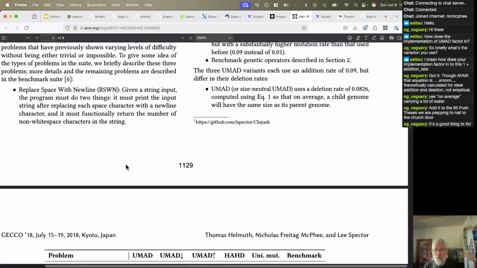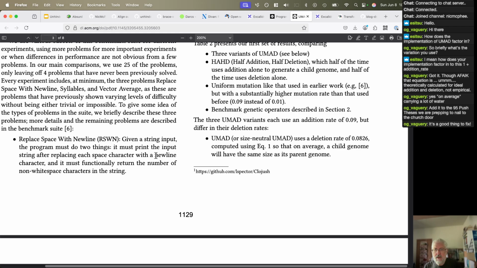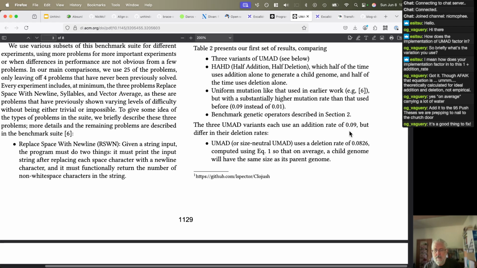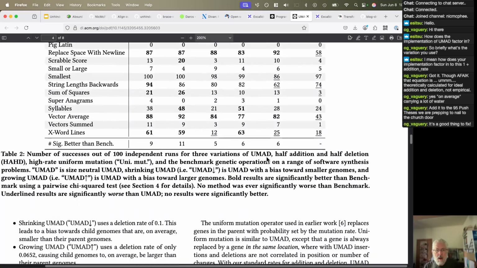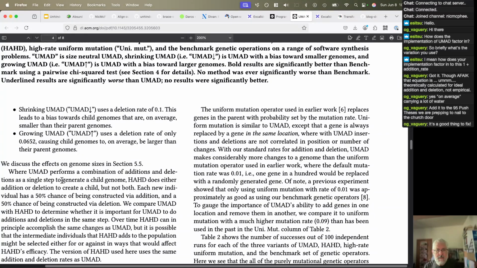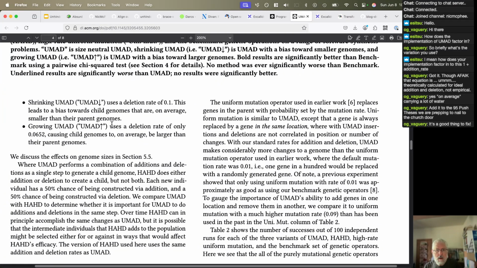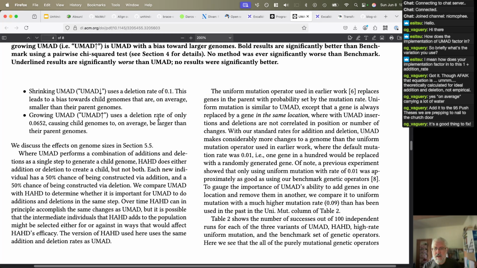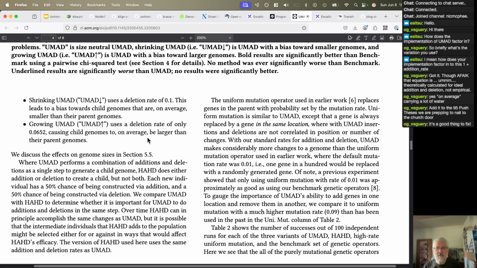So they use 0.09 for the addition rate, and then they, I keep saying they, I was actually part of this, so I should not make it sound like it's somebody else's problem. We used a deletion rate of 0.1. Why did we use a different one? That's very strange. I don't really know what the justification for some of these choices were.